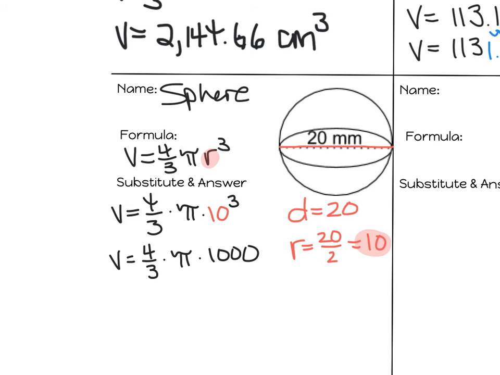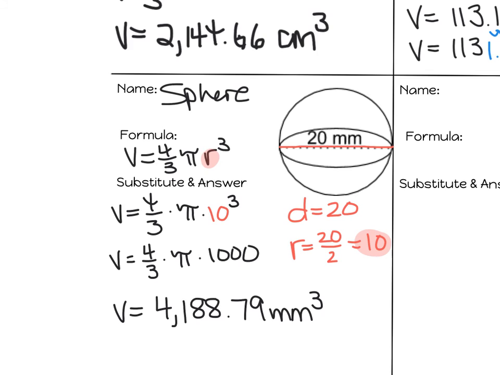And now you can go ahead and multiply all of these. So 4/3 times pi times 1,000. And again, our radius was 10, a bigger number, so we have 4,188.79 millimeters cubed.